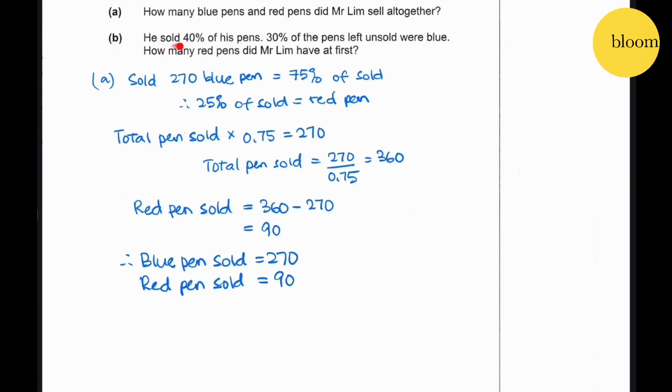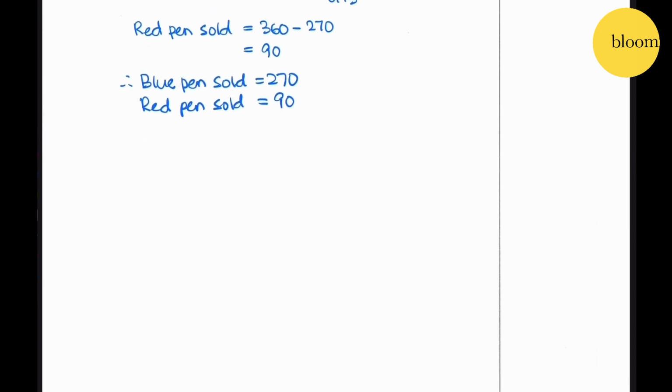B. He sold 40% of his pens. 30% of the pens left unsold were blue. How many red pens did Mr. Lim have at first? Total pens sold is 40%, which also gives 360 pens.